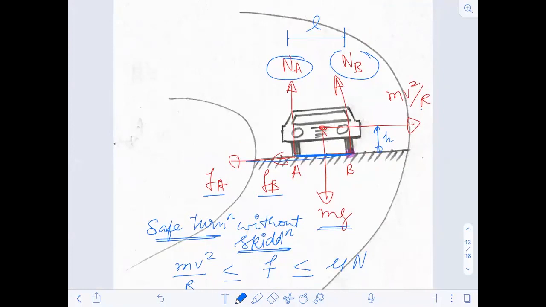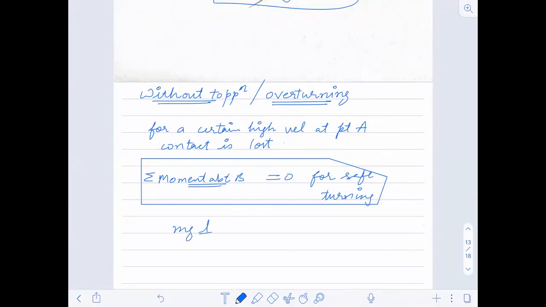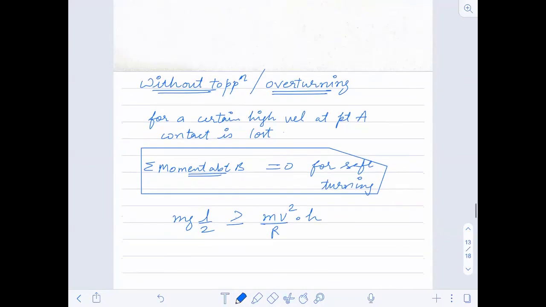H. So I can write, mg into L by 2 must be greater than or equal to mv square by r into h. From here you calculate the velocity. It should be less than or equal to root of rgl by 2h. So this is what we have.